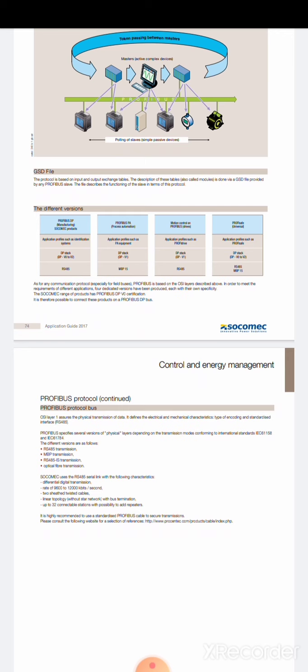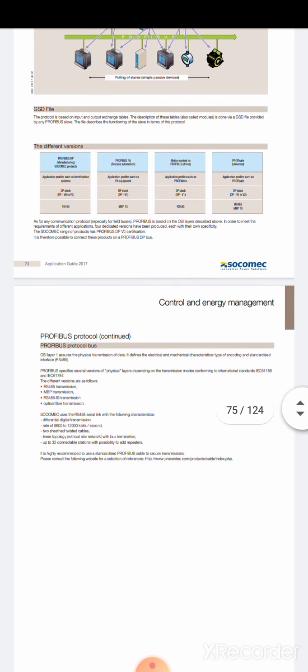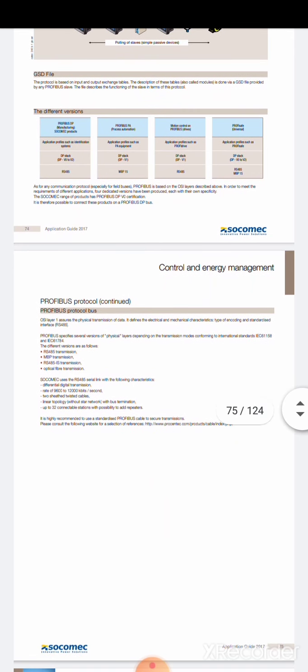The file describes the functioning of the slave in terms of this protocol.